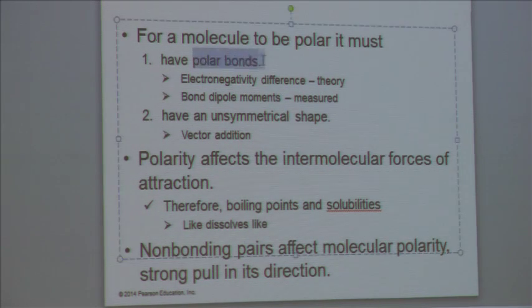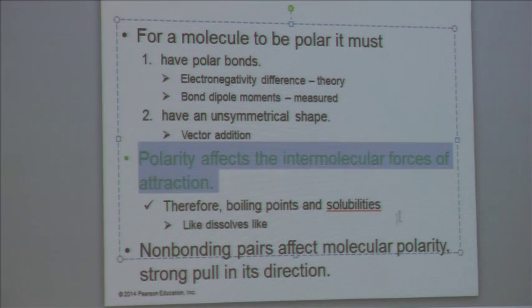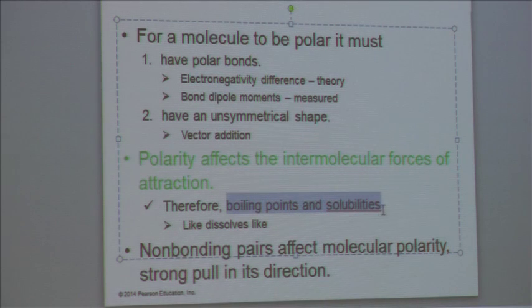polar ends and have dipole moments, and therefore polarity affects intermolecular forces, and so they would have different boiling points and solubilities. So if they're alike, then like dissolves like.